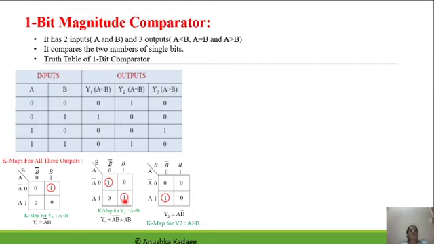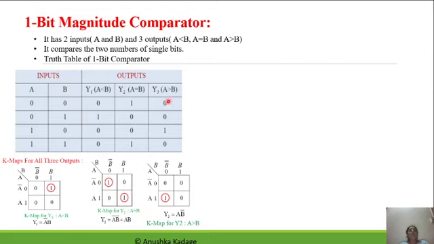In the K map, the ones are not present in adjacent cells, so we can't do grouping even though there are two ones. So for each of those min terms, we write the simplified Boolean expression, and it comes out as A bar B bar OR AB for A equal to B.